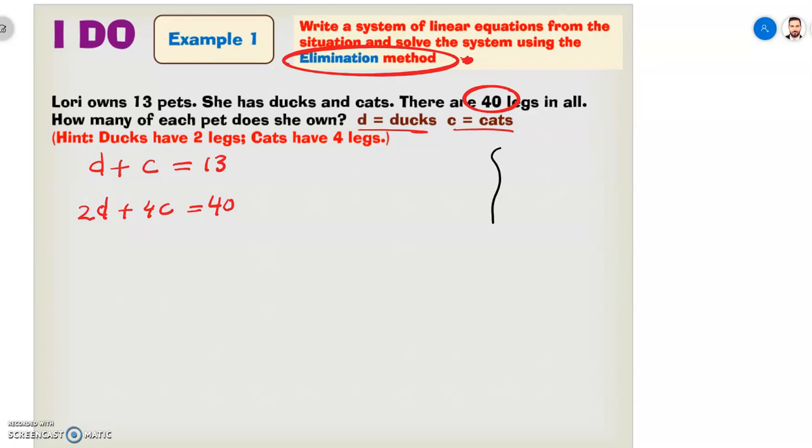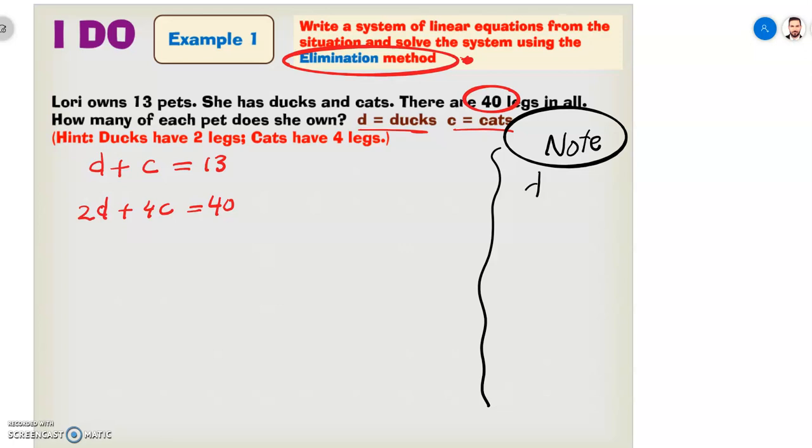Okay, let's start with the note. You should understand it. This note is talking about what? You cannot use the elimination method without making the two variables, the two letters, have the same coefficient.